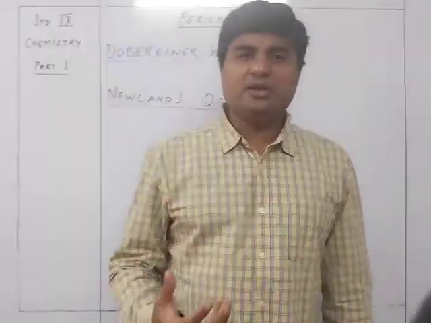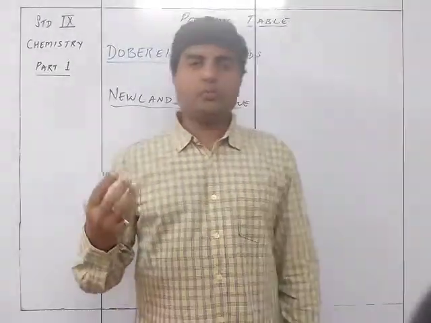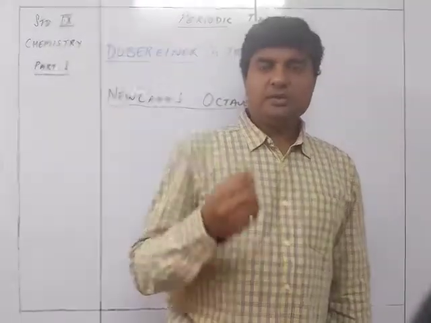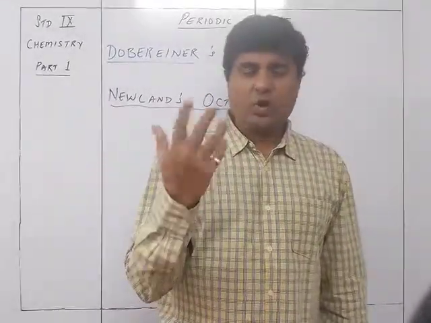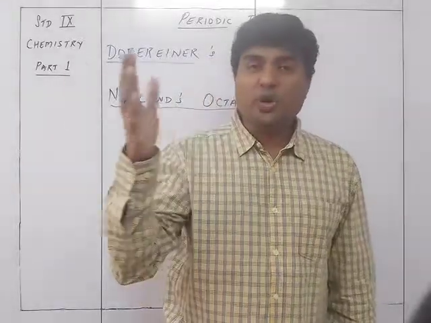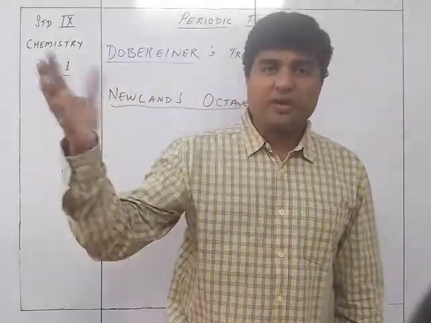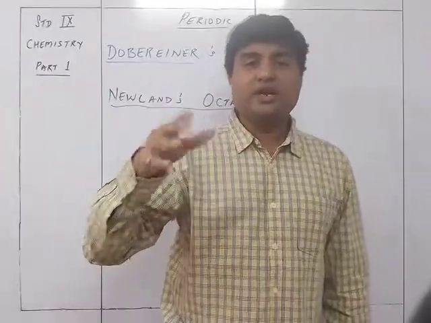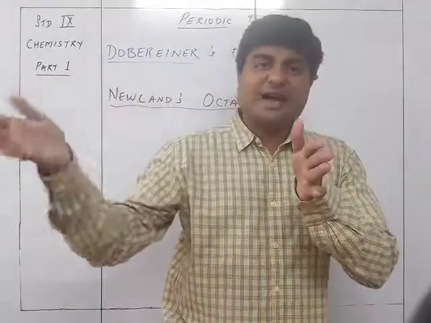Newlands found that many things on earth come in groups of seven: seven oceans, seven continents, seven colors of the rainbow, and the seven notes of musical sound, like do re mi fa sol la ti do, or sa re ga ma pa da ni sa. So sa re ga ma pa da ni is the seven and sa is again repeating.